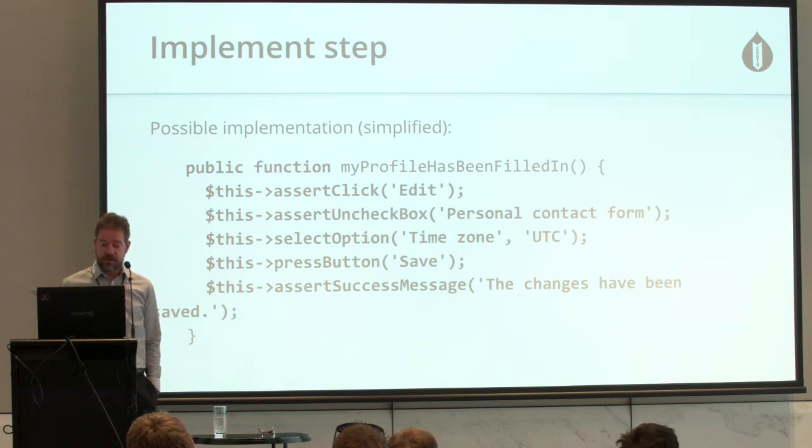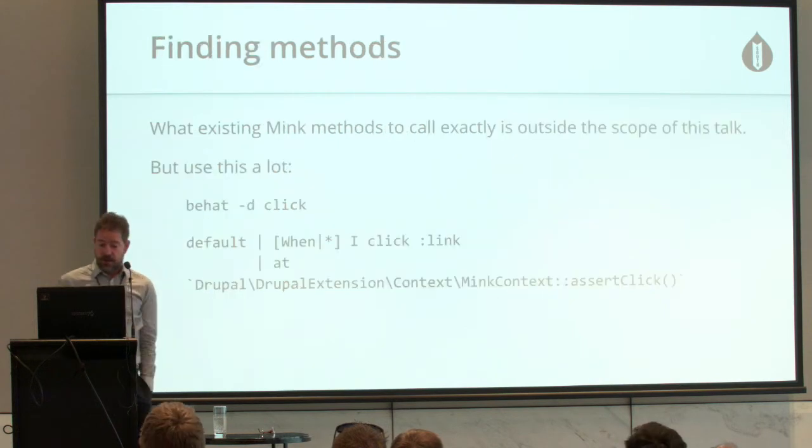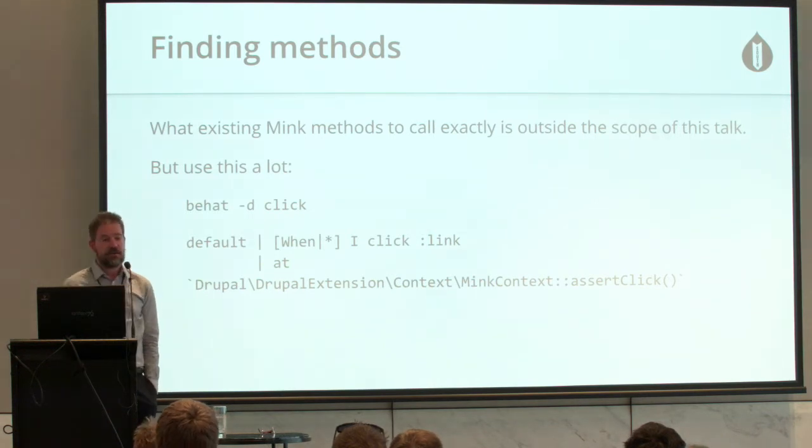That is something someone implemented in the Drupal driver, meaning a success message that looks at the message region, and it has to be a success message, not an error message. So I demonstrated that a little bit already. How do we find out about these steps? We call the Behat program with the -d parameter and then some piece of text, and hopefully it finds it.